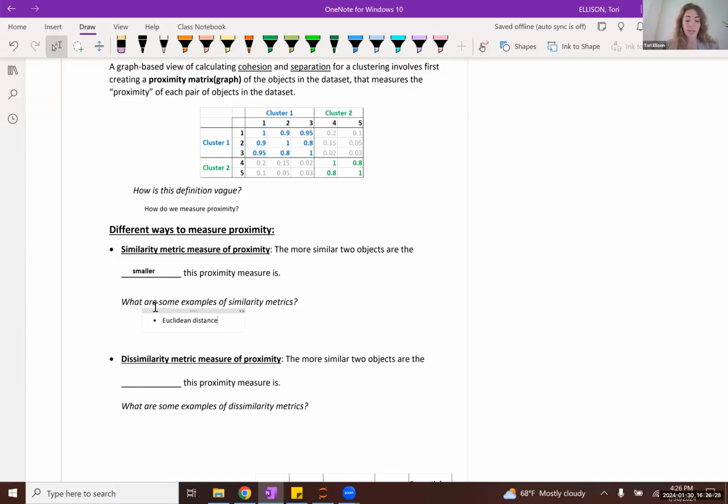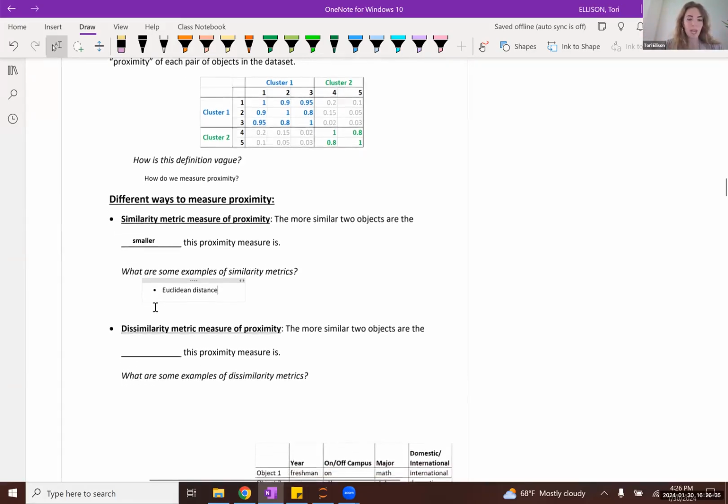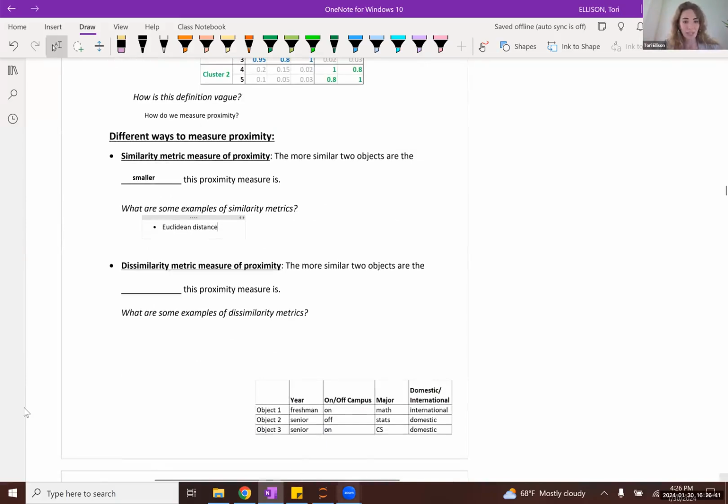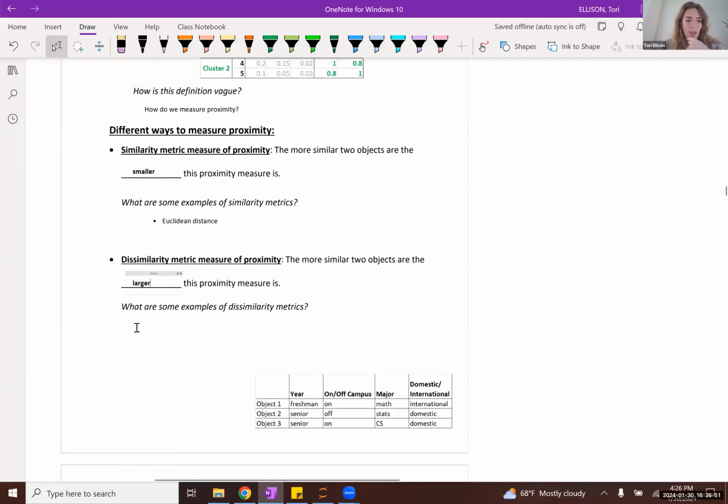So the smaller that Euclidean distance is between 2 points, it's implied the more similar those points are. On the other hand, a dissimilarity metric measure of proximity works the opposite way. So we say that the more similar two objects are, the larger this proximity measure might be.